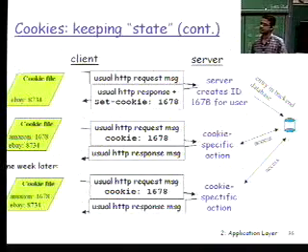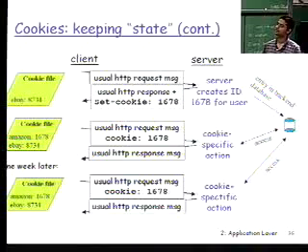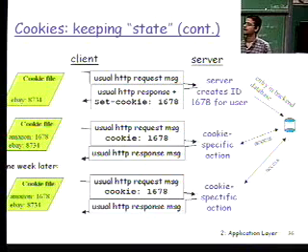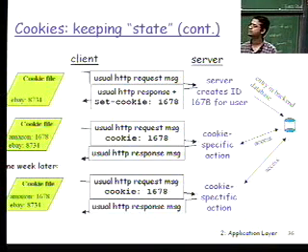So this is a typical creation and use of cookies. The first time a client connects to an HTTP server, it'll send some request message, get me this particular URL.